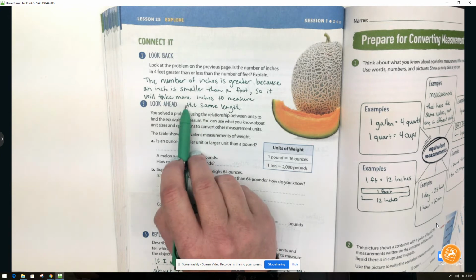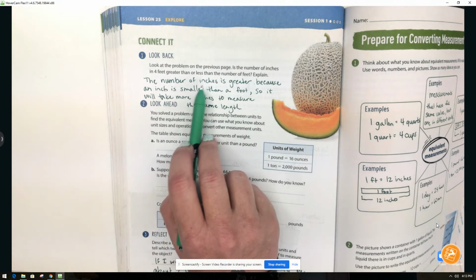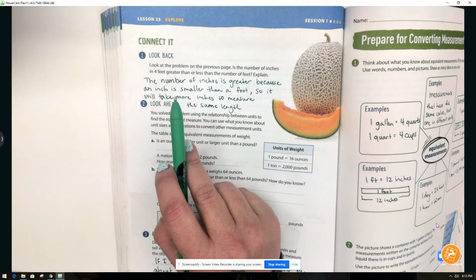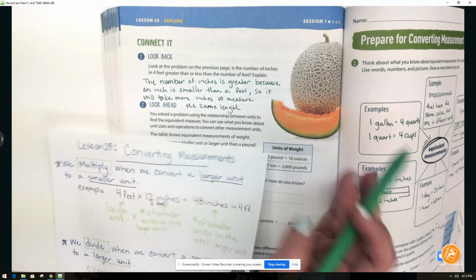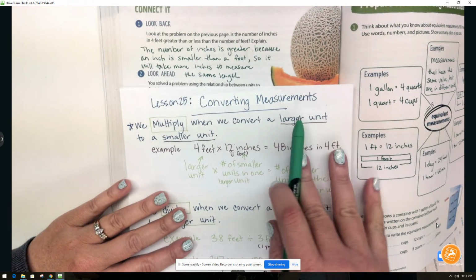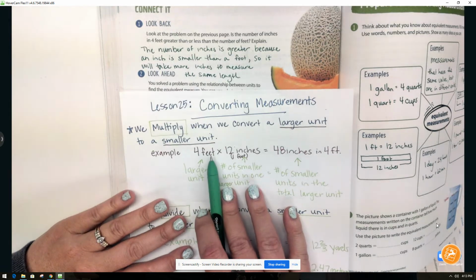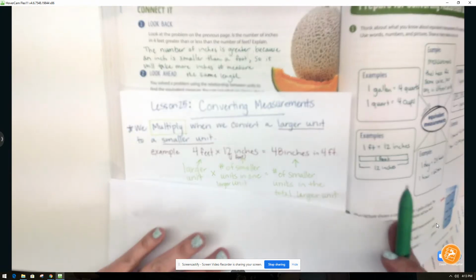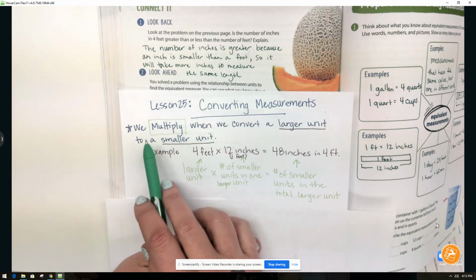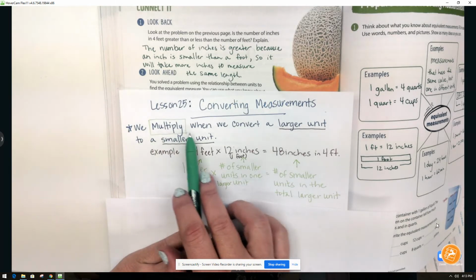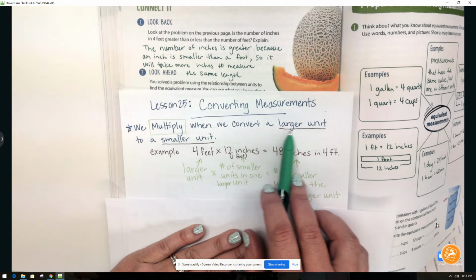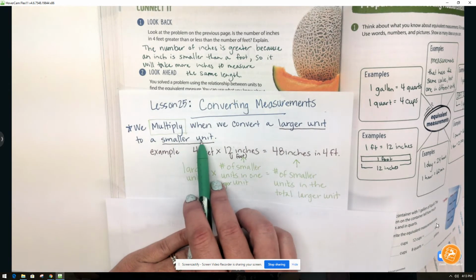So whenever we have a value that is smaller, I'm going to go ahead and show you my little cheat sheet here. You can finish writing that out while I show you this little conversion here. So it says, we will always multiply when we convert a larger unit to a smaller unit.